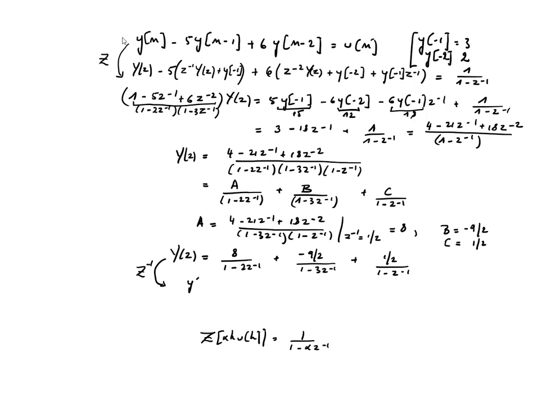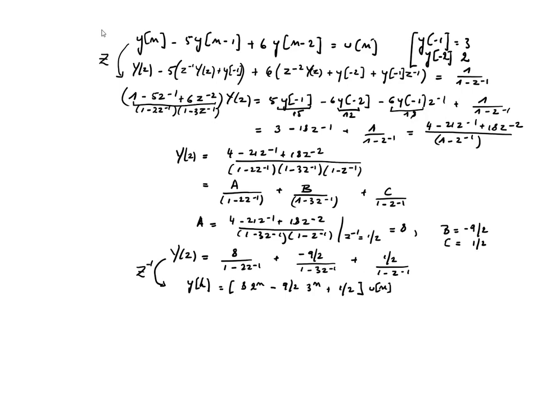So y of k will be 8 to the power n minus 9 over 2 times 3 to the power n plus a half times 1 to the power n, but that's 1, right, times u of n. We are not finished. What we have to do is check if we meet the initial conditions.